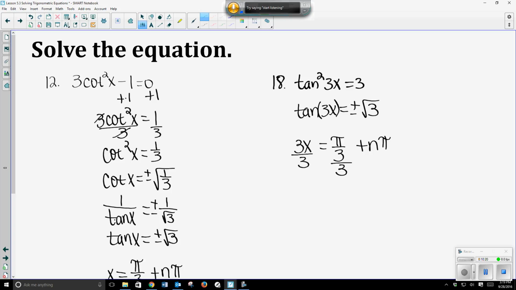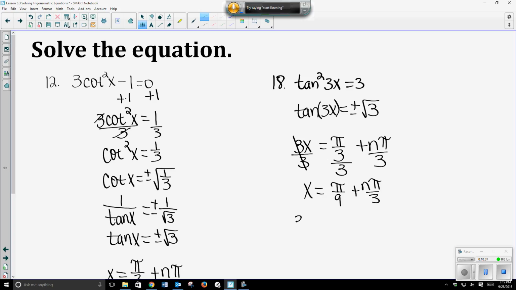So that means we divide everything by 3. So x is equal to pi over 9 plus n pi over 3. Okay? That takes care of all of our answers for positive root 3.